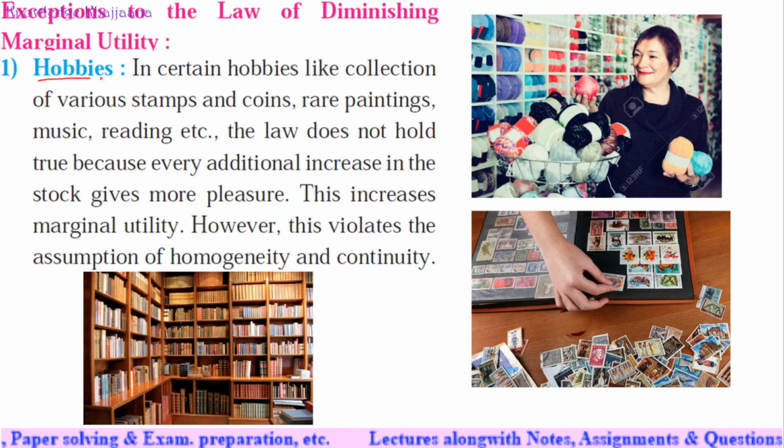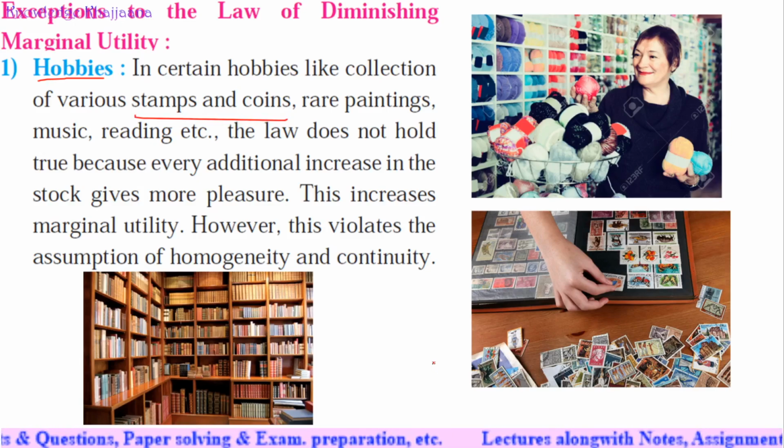What is the exception? Hobbies. In certain hobbies like collection of various stamps and coins, people collect stamps and coins. Some people like to collect rare paintings. Then collecting music CDs, collecting books for reading, or collecting magazine articles.